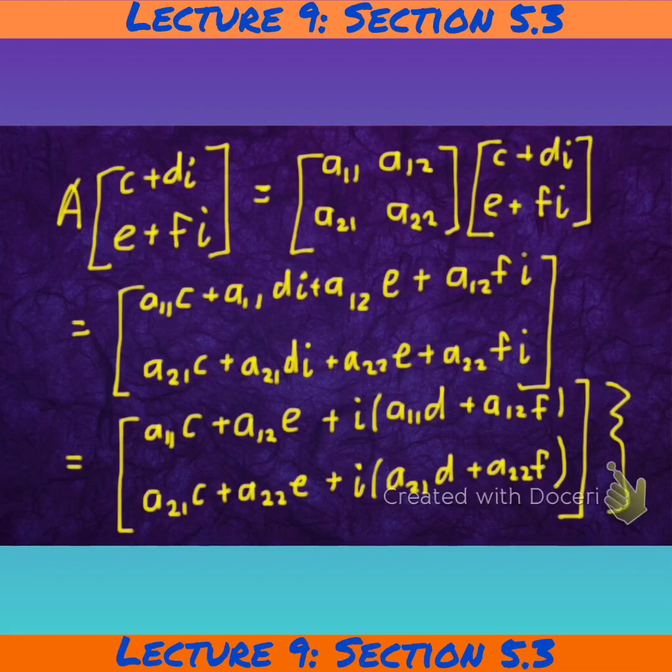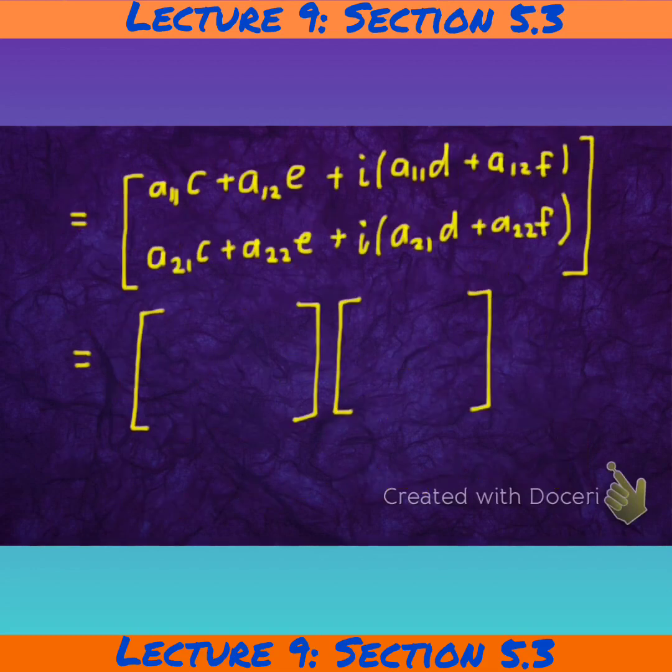And now we can just view that in a little bit different way. We can separate that into a matrix containing a real and an imaginary part. So you can write that as a product between two partitioned matrices. Now I'm talking about the partition in terms of separating the columns: the first column indicates the real part and the second column indicates the imaginary part.